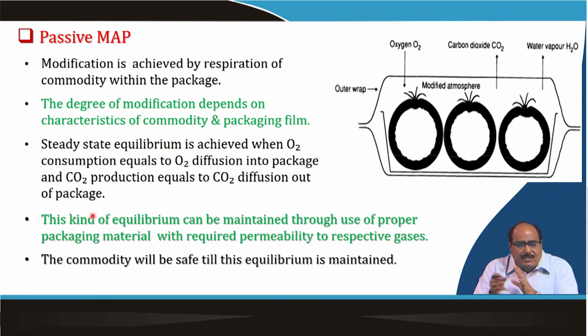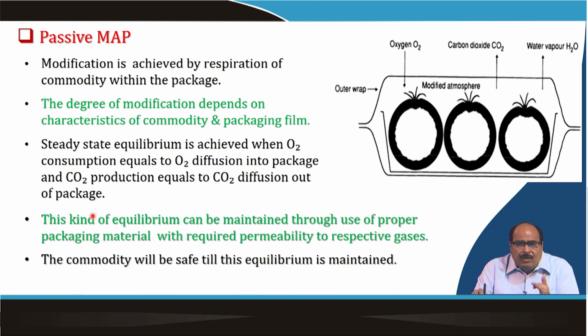Whereas in the case of passive modified atmosphere packaging, the modification is achieved by the general respiration of the commodity within the package. No scavengers or emitters are added here. The degree of modification depends on the characteristics of the commodity and the packaging film. Steady state equilibrium is achieved when O2 consumption equals O2 diffusion into the package and carbon dioxide production equals carbon dioxide diffusion out of the package.